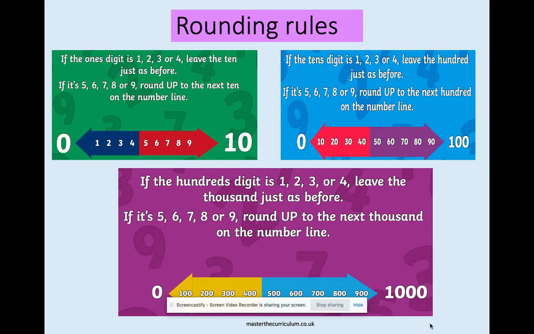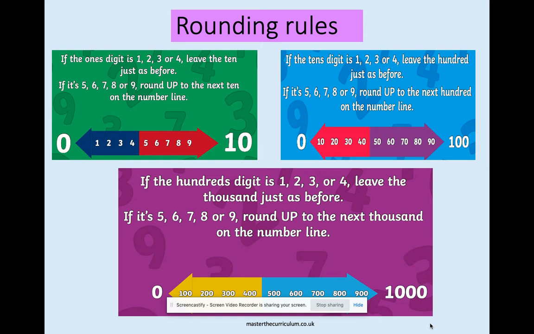If it's 5, 6, 7, 8, or 9, we round up to the next 10 on the number line. So if my number is 34 and I want to know which way to round to the nearest 10, I have to look at the 4. That will tell me I do not change my 10 and I will round it down to 30.